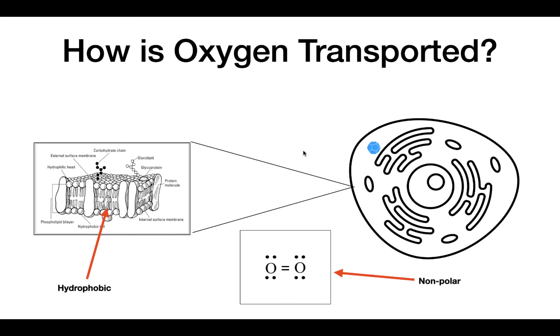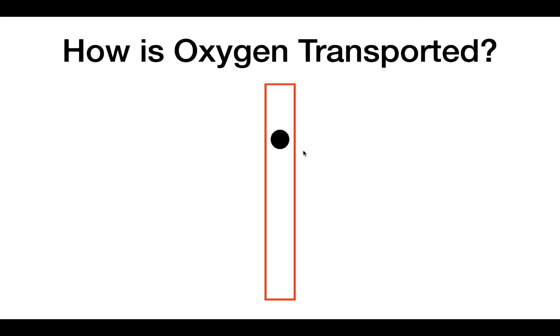So let's take a further look at how oxygen is transported in the context of a capillary. So this right here is an endothelial cell of the capillary wall, and inside the blood we have a higher oxygen concentration than outside the blood. So because of this, oxygen will flow down its concentration gradient from the blood into the ISF via diffusion.